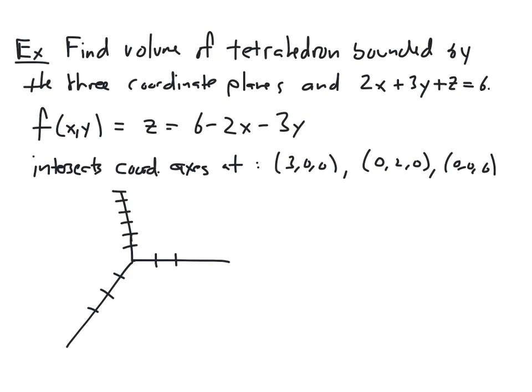And we know our tetrahedron is bounded by those points. So our plane intersects here, and we have this particular plane that I have in red. If you bound this along with the three coordinate planes, you can see our tetrahedron right here.